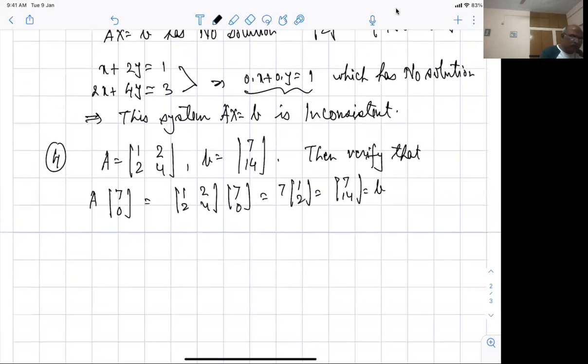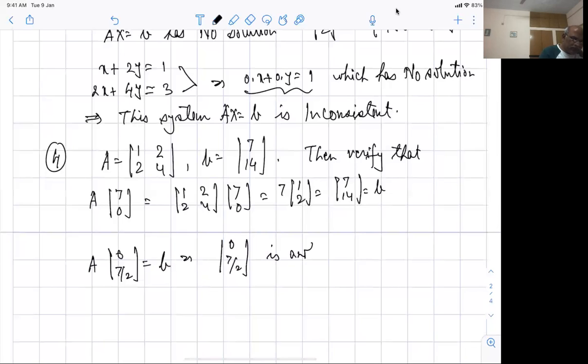So (7, 0) is a solution. Similarly, you can verify that (0, 7/2) gives B, which implies (0, 7/2) is another solution.